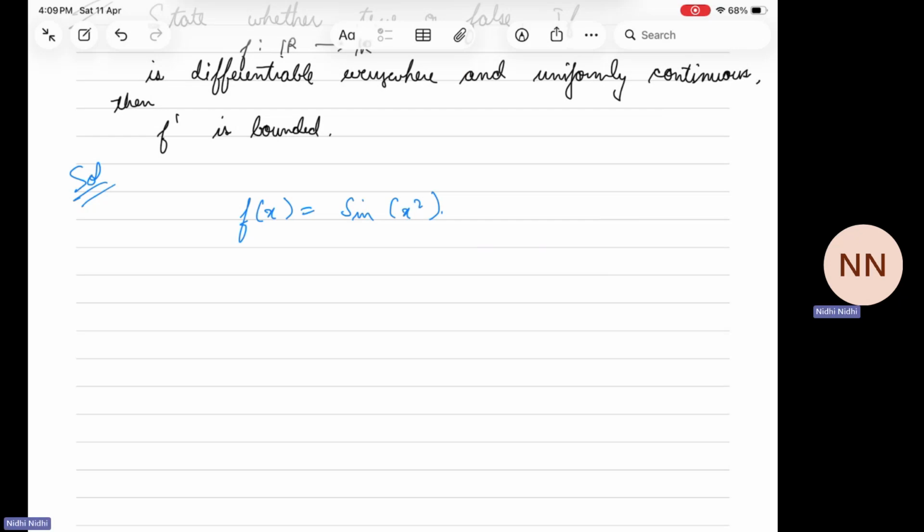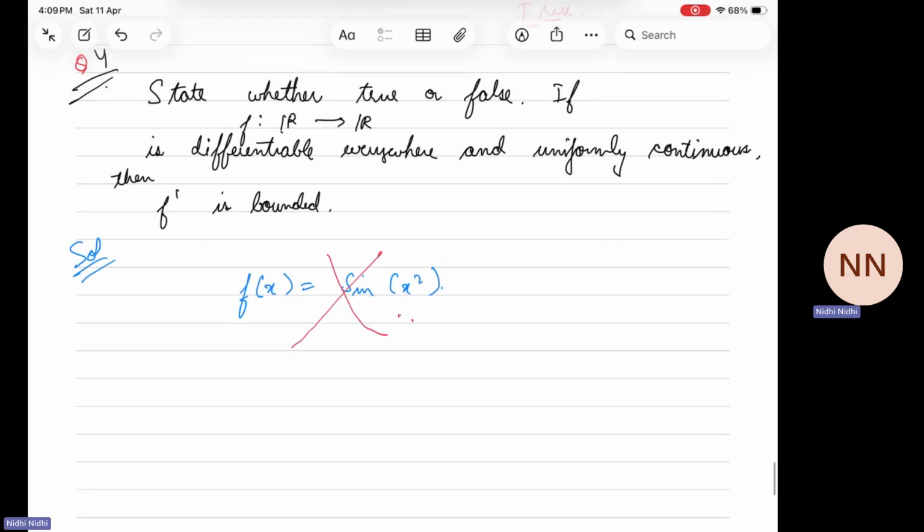Oh, I think I was doing something wrong. This will not be uniformly continuous. No, this will not give us the example. Let's see.